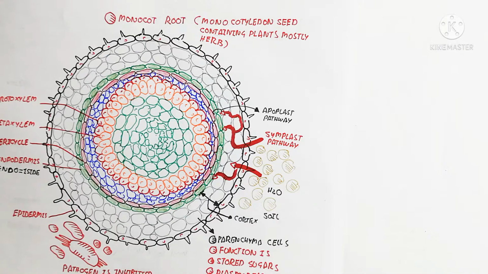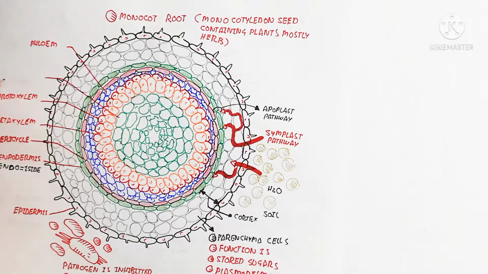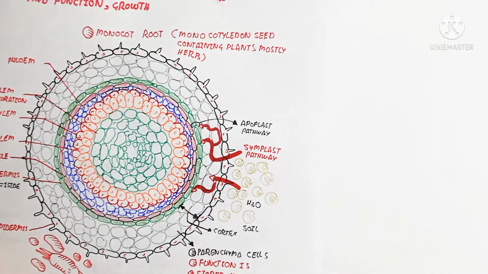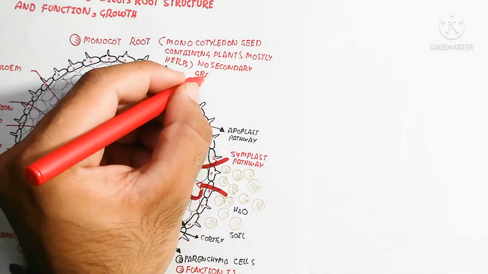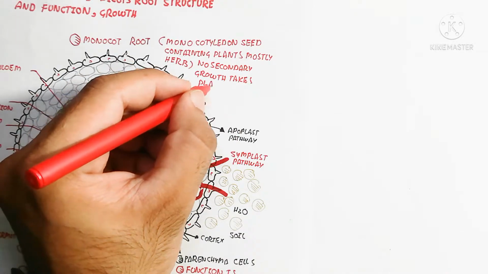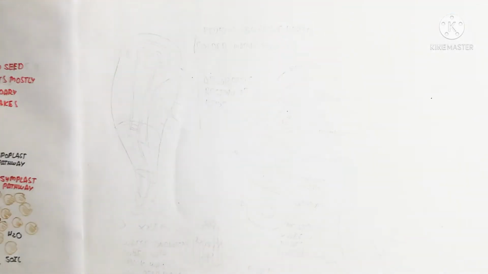The phloem is the red color and xylem is the orange color, while the green color inside shows the primary xylem, which ultimately makes a pith, while the secondary xylem is not present. It means primary xylem and primary phloem are present. Why? Because the monocot root develops just primary growth. So that's important.